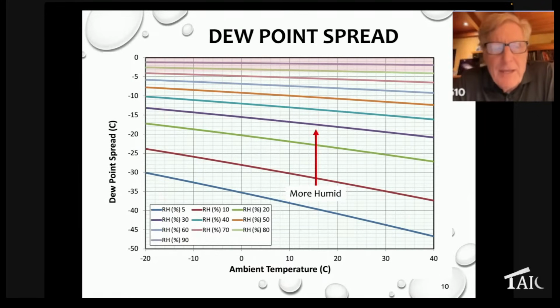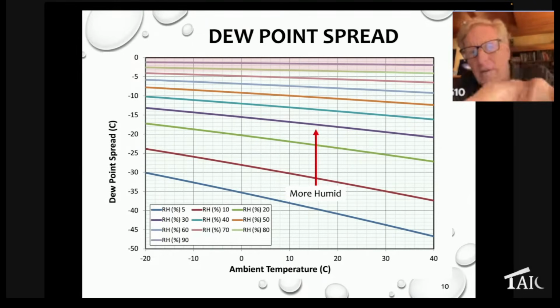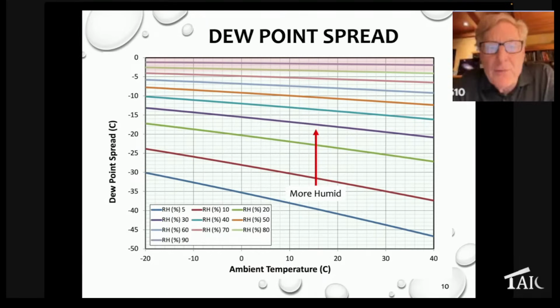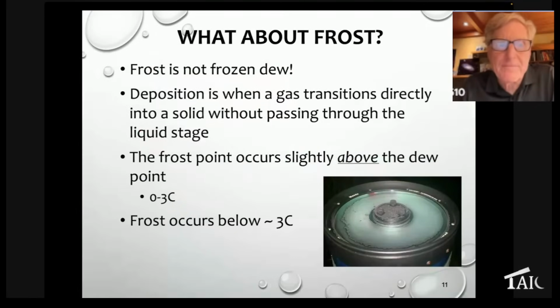And if we pick that 3-degree range of where dew can form, you can see that down to about that upper green line, which is, let me look here, 80%, that's where you could possibly get fog. Okay, so the more dry it is, the larger the dew point spread is.